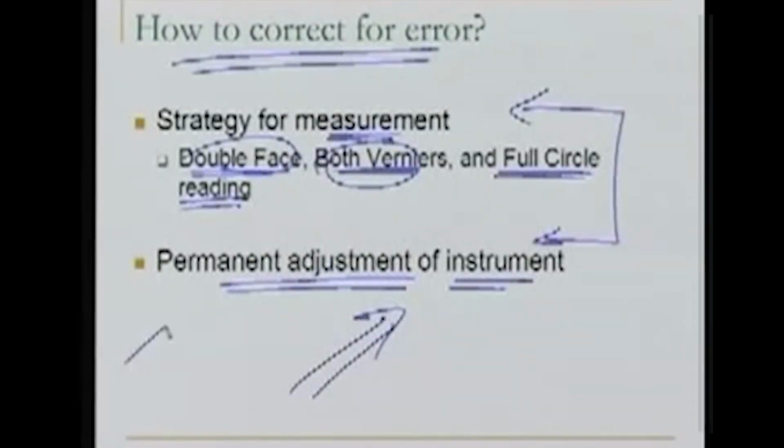So we will now see how to carry out these permanent adjustments, how to check if the instrument has error, and what the strategy should be for taking observations in the field if you want to eliminate these errors by soft measures.